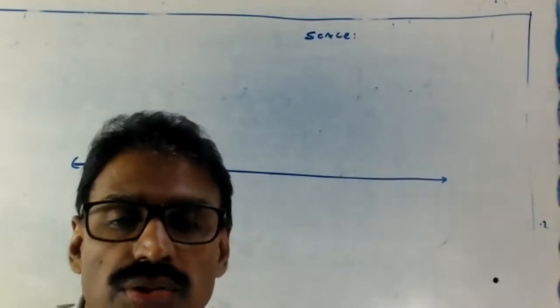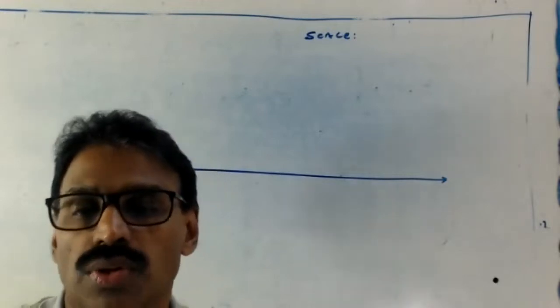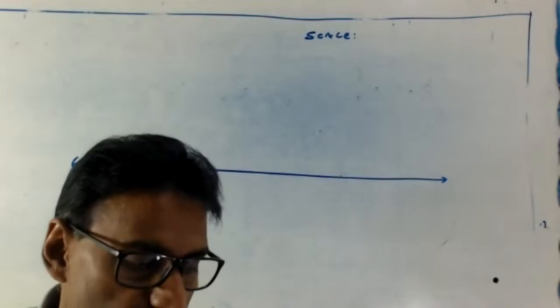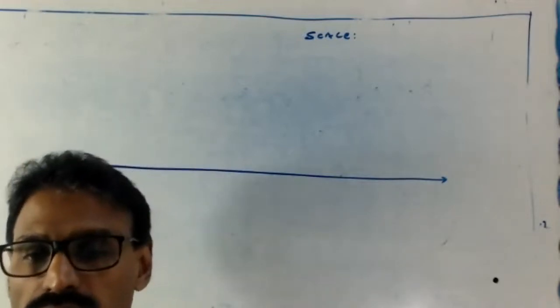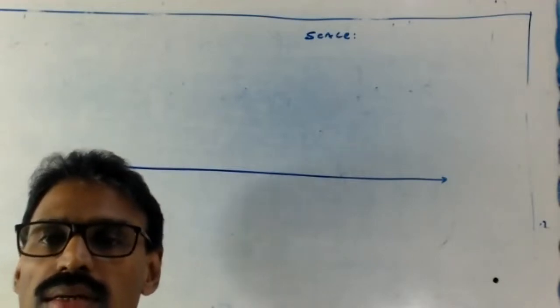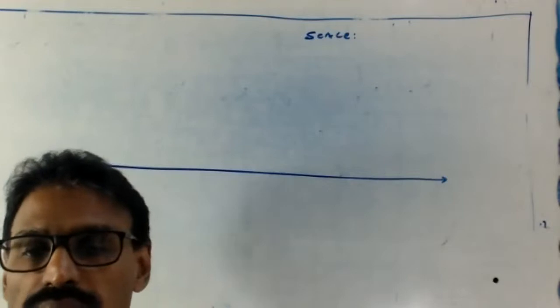Full time throughout the play, who can see? Who can play? You have to go to school, you have to go to the office and all. Sometimes 5 days match. Even after 5 days, there is no result also. Then draw.